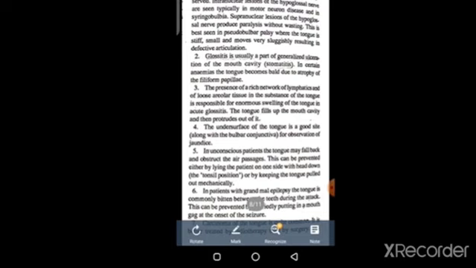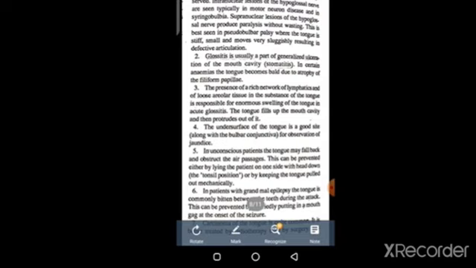Okay. So the undersurface of the tongue is a good site, along with the bulbar conjunctiva, for the observation of jaundice. In unconscious patients, the tongue may fall back and obstruct the air passages. This can be prevented either by lying the patient on the side with the head down, that is the tonsil position, or by keeping the tongue pulled out mechanically.